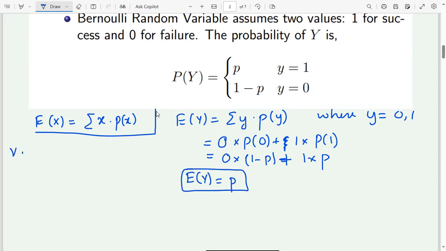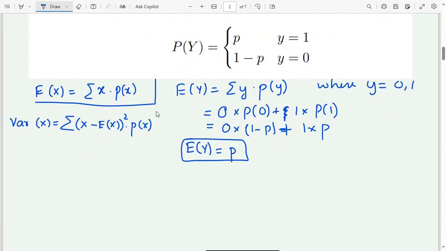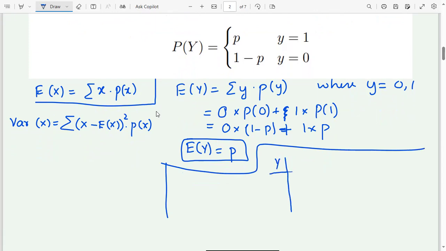Similarly, I can find its variance by using this formula. I'm not going into too much detail, but using this table, you can calculate it. Let's have a look. You can do this more easily in tabular form. For the variance part, first of all, create a column y with values 0 and 1. Create another column y minus its expected value, which is 0 minus p, the expected value we just calculated, and 1 minus p.